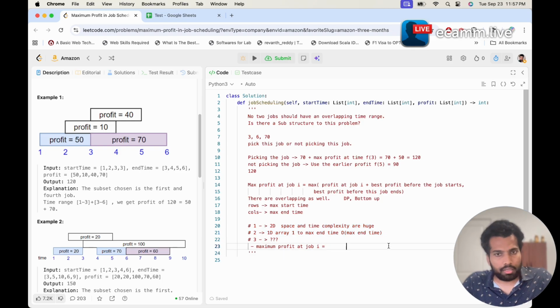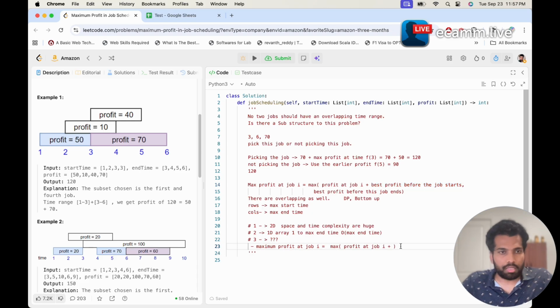But can we say the best profit after scheduling the first i minus 1 jobs? So instead, I can just put max profit at job i plus the best profit before the job starts, which is somewhere around this 3.